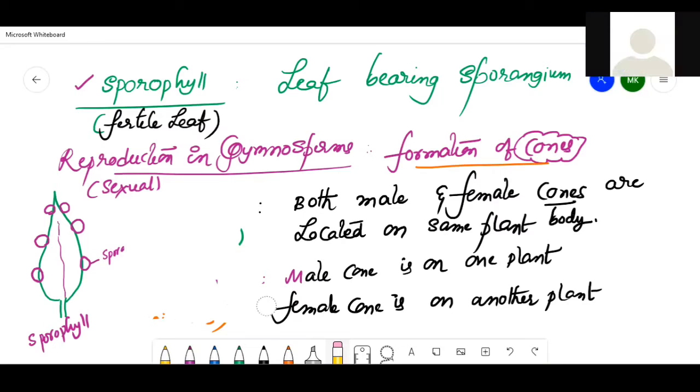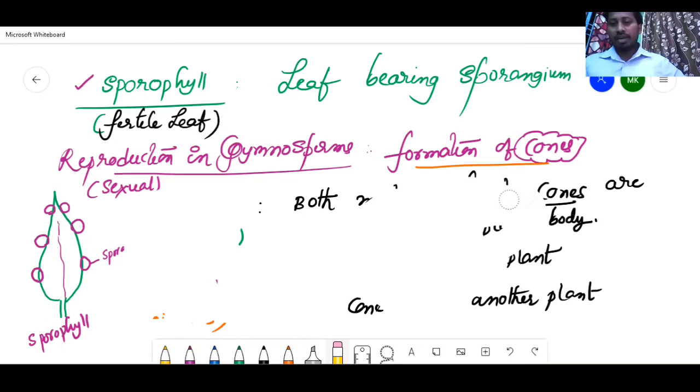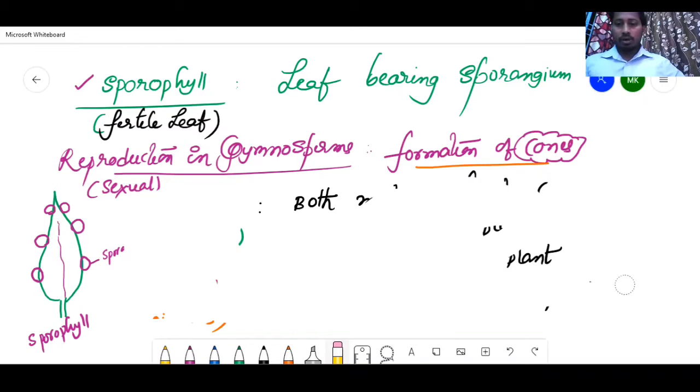See, if you understand this definition of cone, the entire gymnosperm would be very, very easy, because cones are present on the plant body.